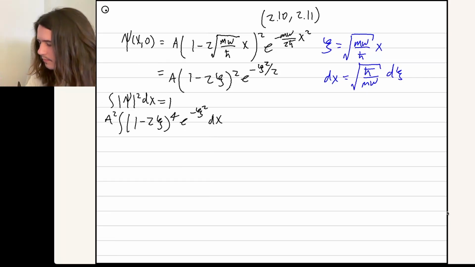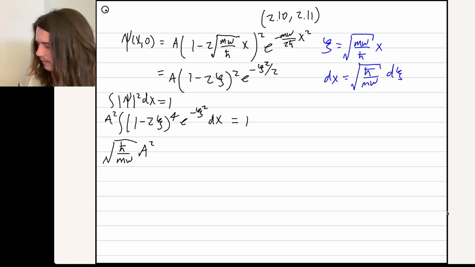So there's going to be a factor of root h bar over m omega on everything, as well as the A squared thing.